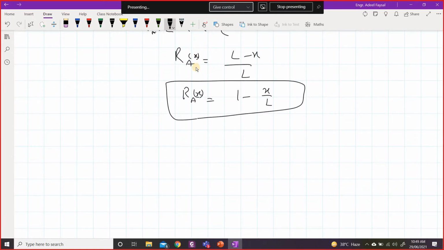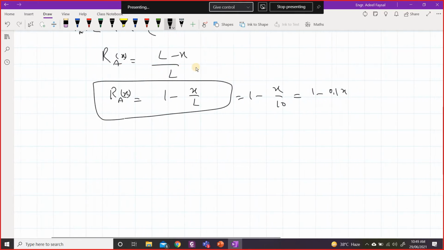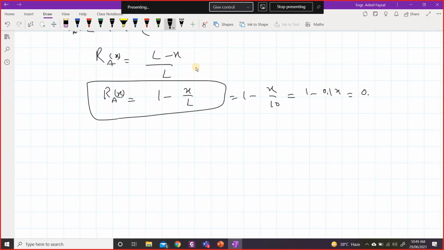If L was 10 meters, this would be 1 minus x over 10, 1 minus 0.1 x. Is this right?